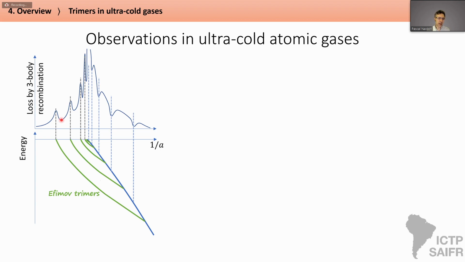So when three of these atoms collide together, two of them can go to a two-body bound state, and the released energy is imparted to this newly formed two-body bound state and the remaining third particle. So this is an inelastic process where the three particles come together, and then two of them form a two-body bound state, and then they go away using the energy that is released by this process.